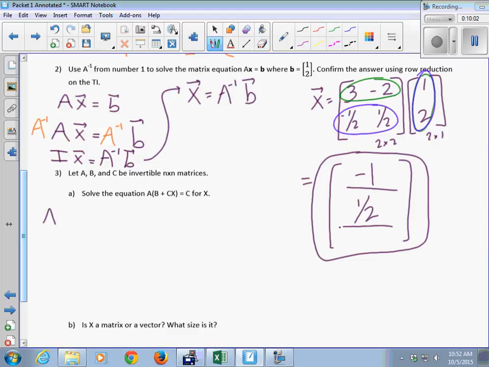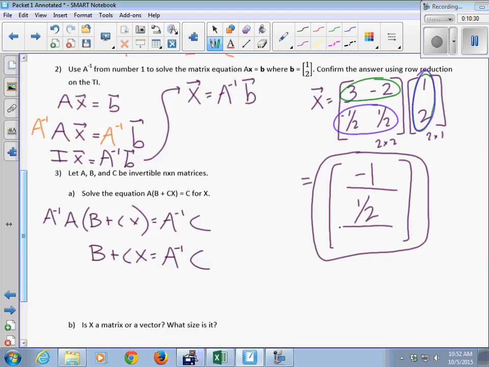We would say A inverse times A times (B plus CX) equals A inverse C. So I left multiplied both sides by A inverse, right? So A inverse times A is just the identity, and the identity times anything is just that thing. So those cancel. So we have B plus CX equals A inverse C. Now what?